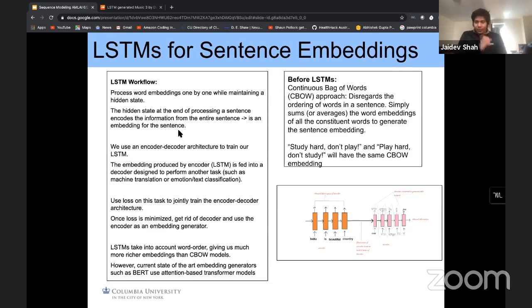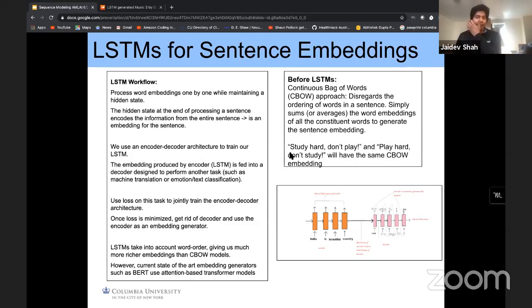Another use case of LSTMs is sentence embeddings. Generally, how people did sentence embeddings, and how many people do even today, is called continuous bag of words. Continuous bag of words is essentially a way of saying that I'm going to disregard any ordering of words in a sentence.